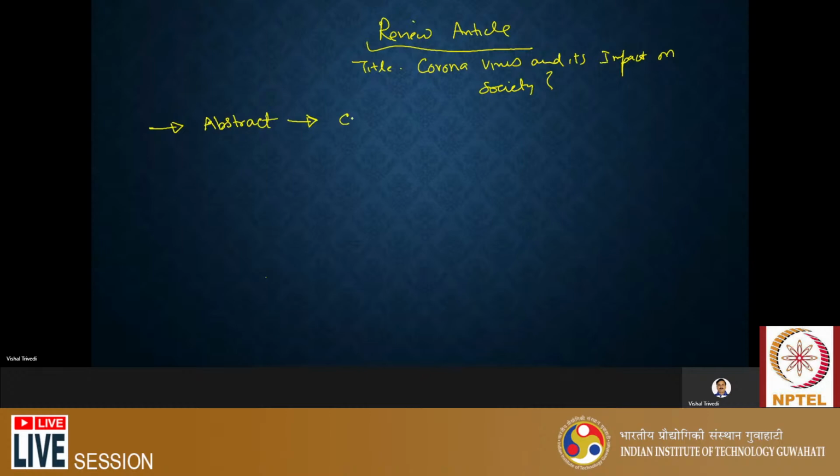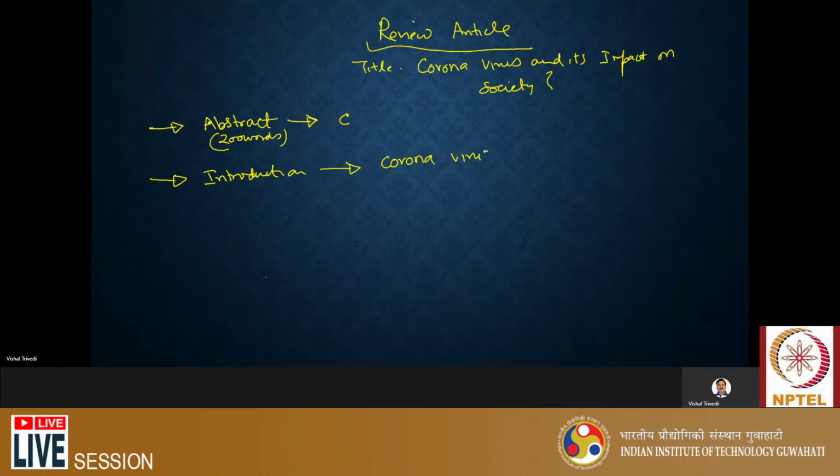If you want to write an abstract, you should write a 200 words abstract, where you can just write crudely what things you are going to cover, or what you know about this particular aspect. And then you are going to talk about the introduction. In the introduction, we can have an introduction about the coronavirus.